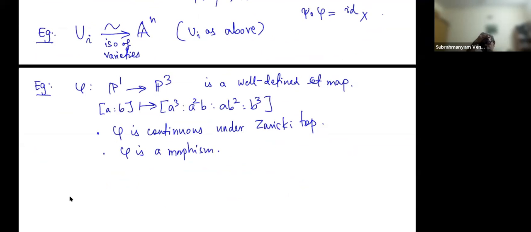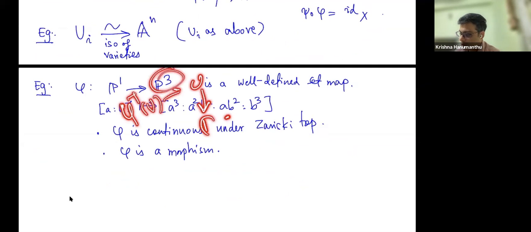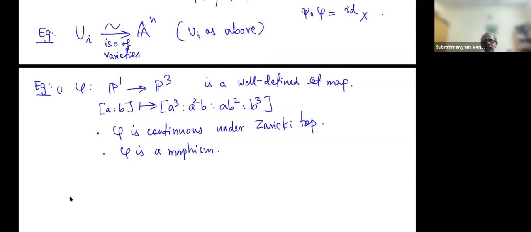So if you take an open set U of P3 and take a regular function and you take phi inverse U, loosely speaking, because of the way this function is defined using polynomial relations, when you pull back a ratio of polynomials, it will remain a ratio of polynomials. So it is a morphism. So Krishna, roughly, if I write down a regular function there, it is at a point the ratio of two things.